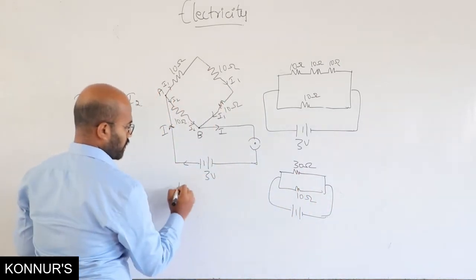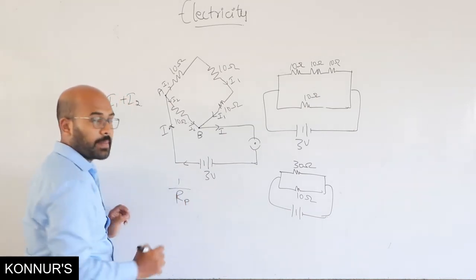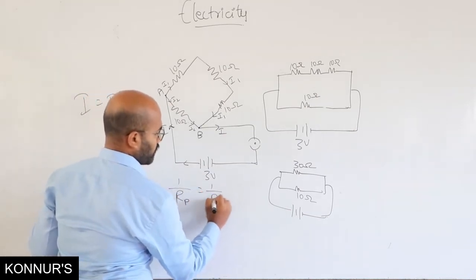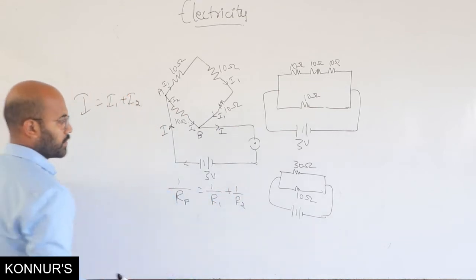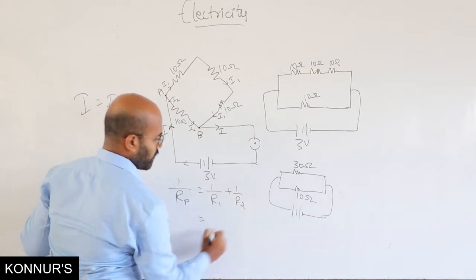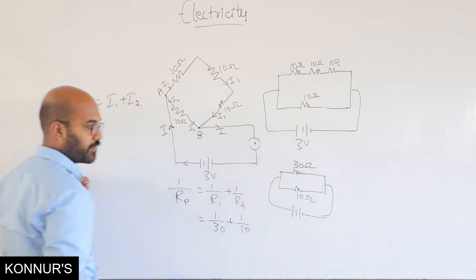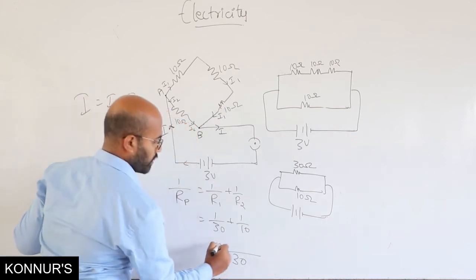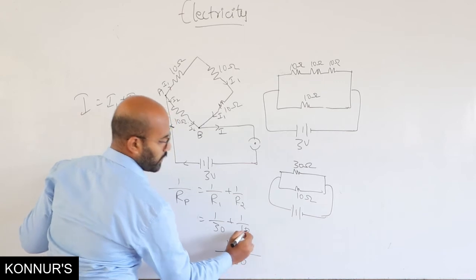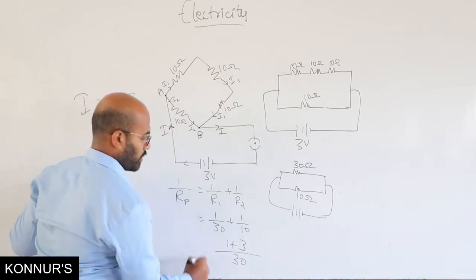So if you take 1 by Rp, that is 1 by R1 plus 1 by R2. So what is the value of R1? Let us take it as 1 by 30 plus 1 by 10. So the LCM is 30. So 1 plus, if I want this to be 30, I need to multiply with 3.